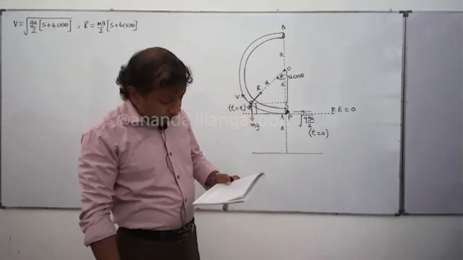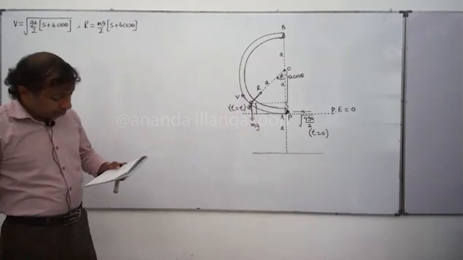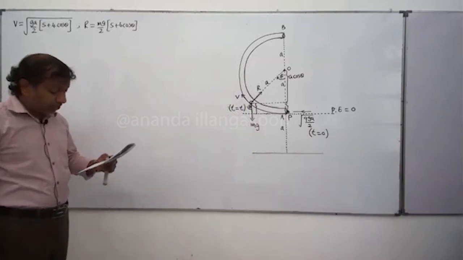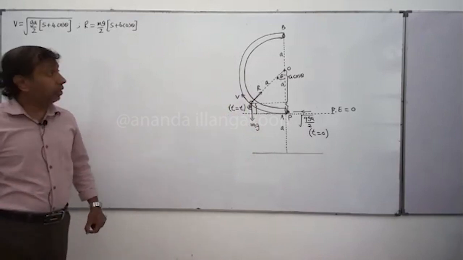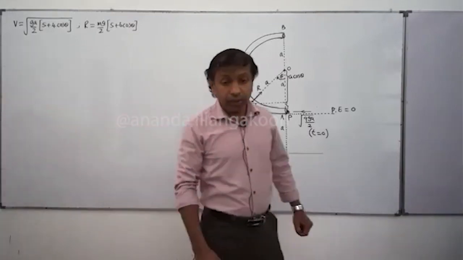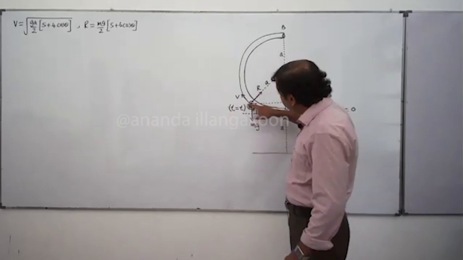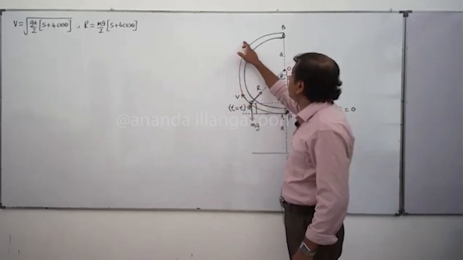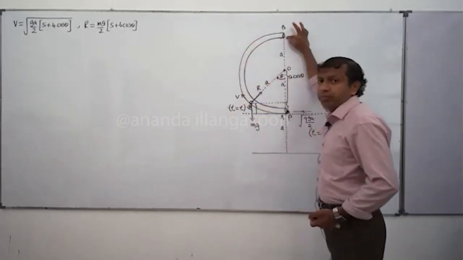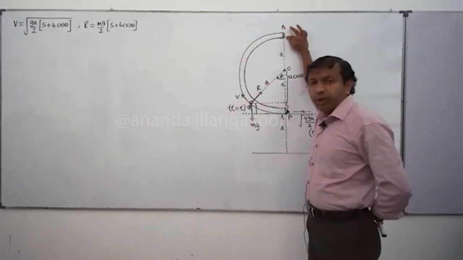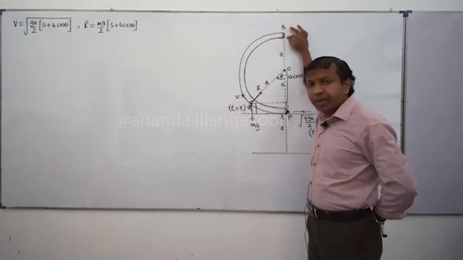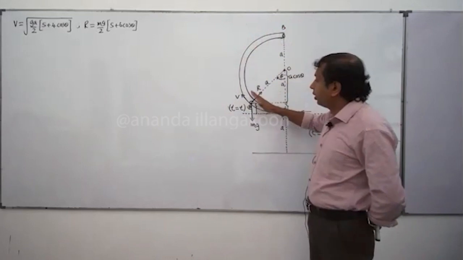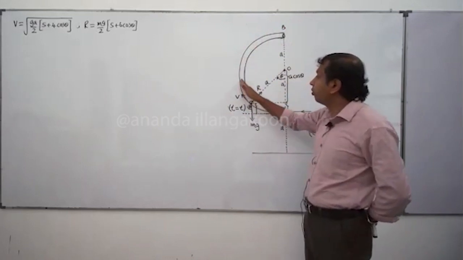Deduce that the particle P reaches the point B and the reaction changes its direction during this motion. Particle P is now moving this way, and we are asked to show that the particle P reaches the point B, right? Now, in this case, the particle P is moving inside the tube. So the particle has to move in a circular motion.